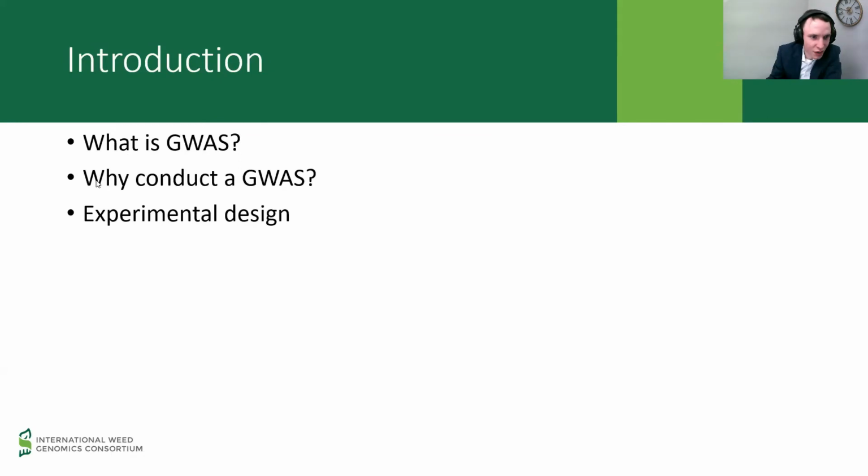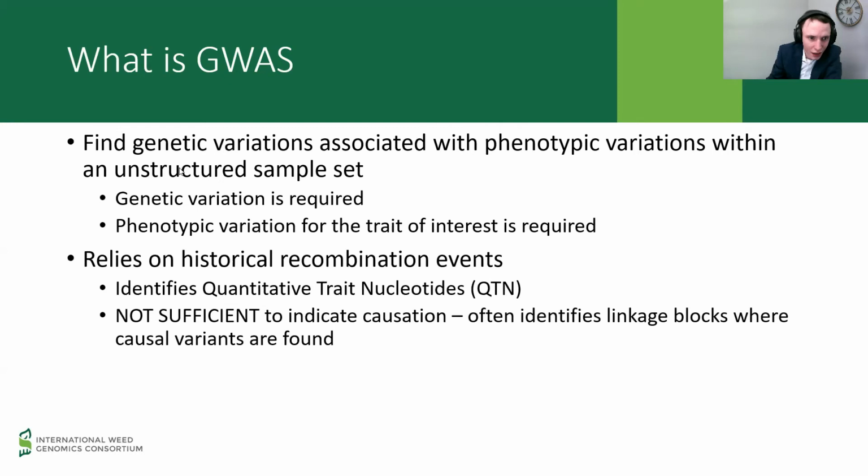So what is a GWAS? Why conduct a GWAS? And some comments on the design of it. The goal of a GWAS is to find genetic variation that is associated with phenotypic variation within an unstructured sample set. So here we can see the 2 requirements. 1, you need genetic variation. If you conduct a GWAS on a set of clones, you're not going to get anything unless you have predominant somaclonal variation, but that's a tangent.